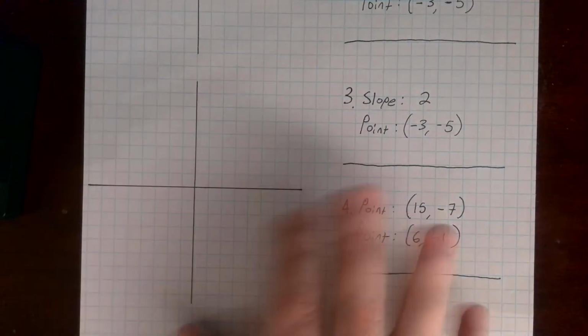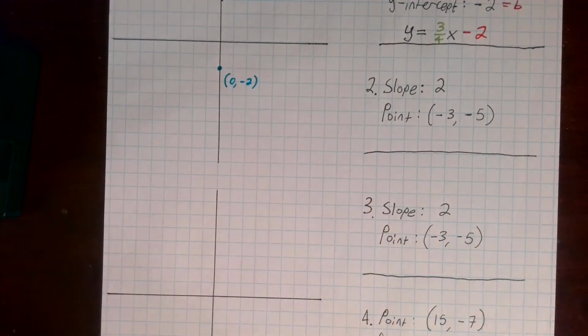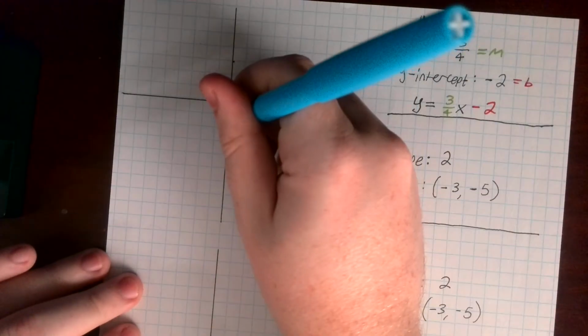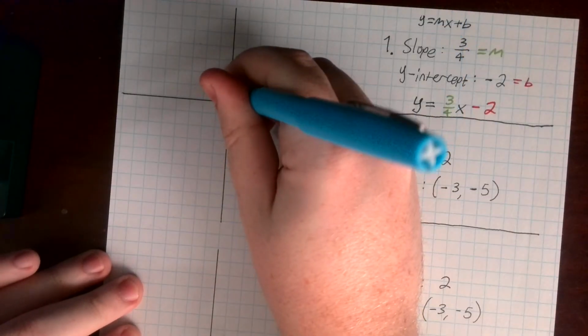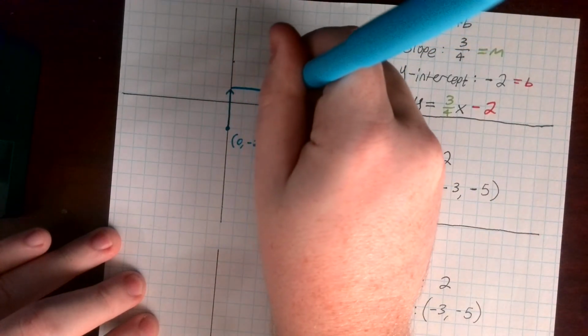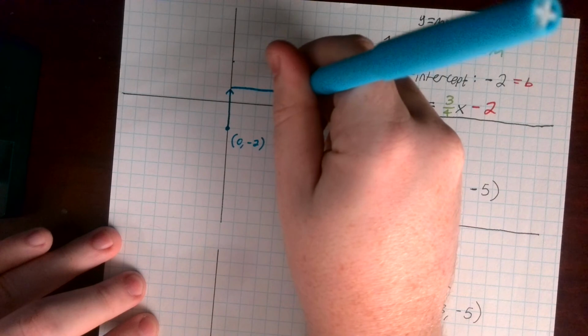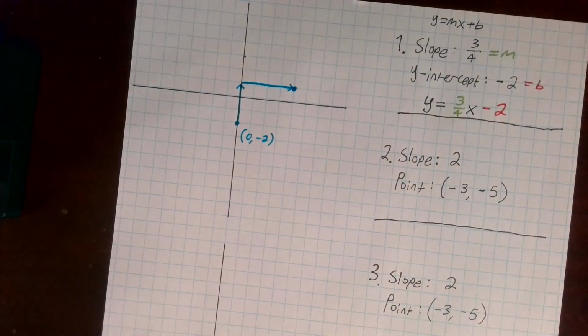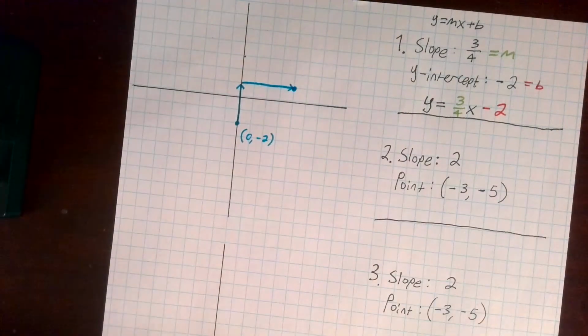Let's take a look. Here's our starting point, 0, -2. We're supposed to go up 1, 2, 3 to here. And we're supposed to go to the right 4 and put another point. This new point is part of our line.